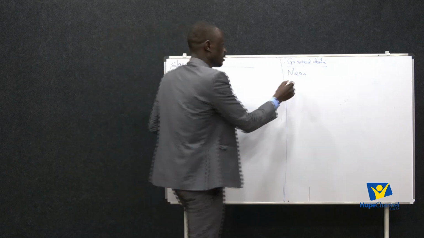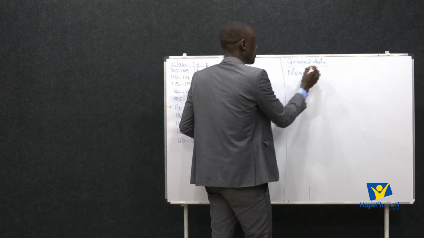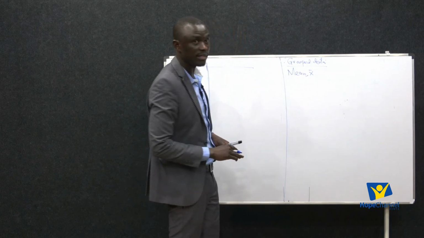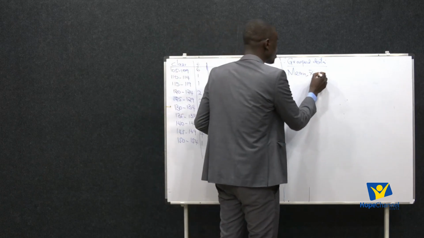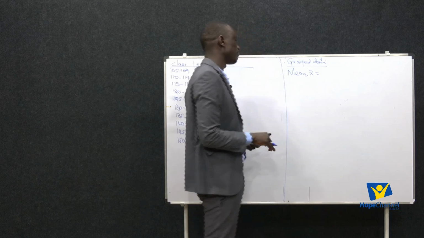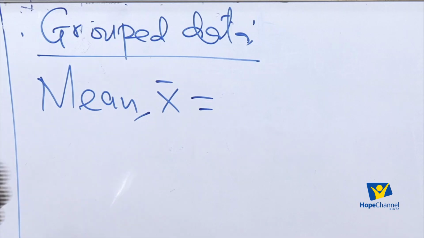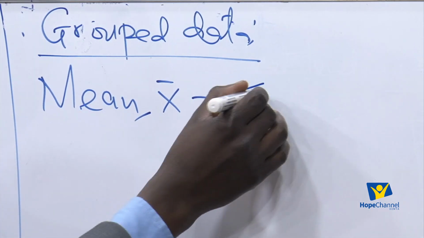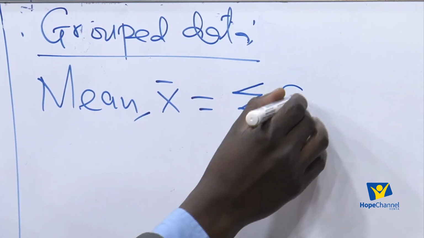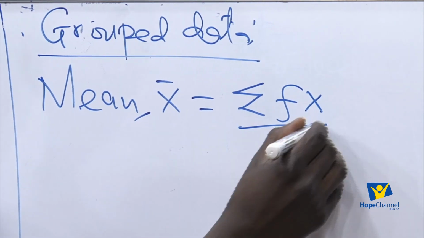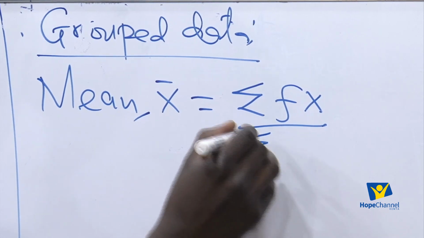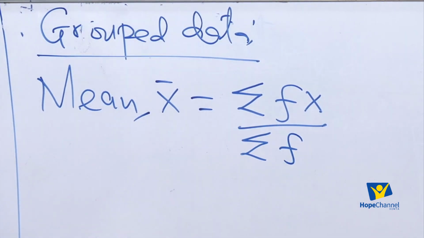In such a case, we say mean, which is also given as x bar, is equal to the sum of fx divided by the sum of f.